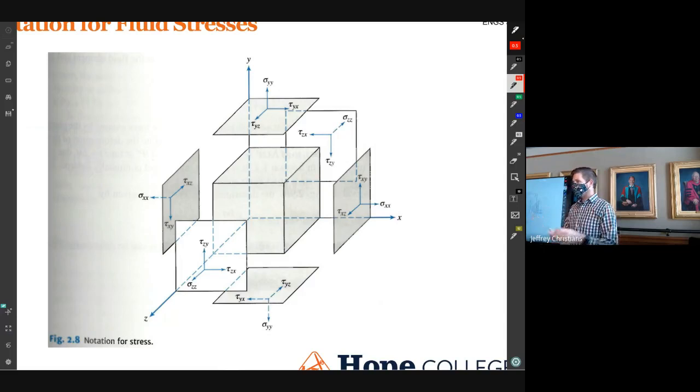That's not going to create movement. If you squeeze a fluid, it might create a volume change. It's going to act and look very similar to what we think of like solids acting under a normal or compressive stress. But a shear is going to cause movement. So we're going to deal with these both separately.